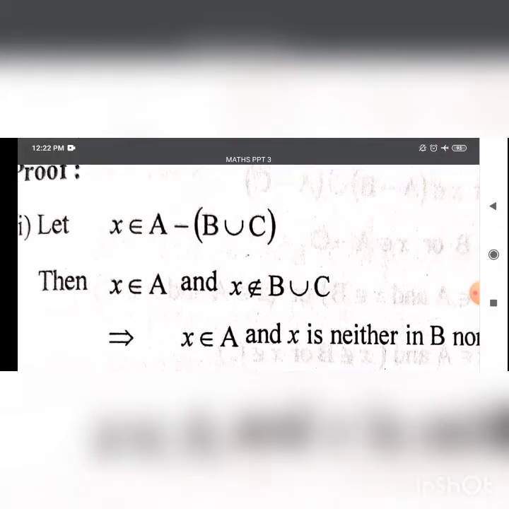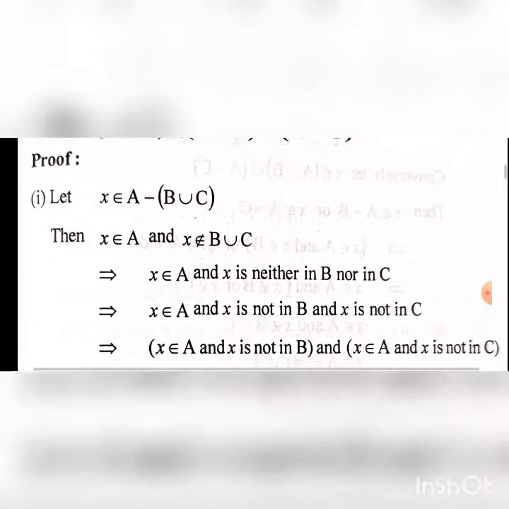We get x belongs to A but x does not belong to B union C. So x belongs to A as it is, and x does not belong to B union C means what? x is neither in B nor in C. So x is not in B and x is not in C.